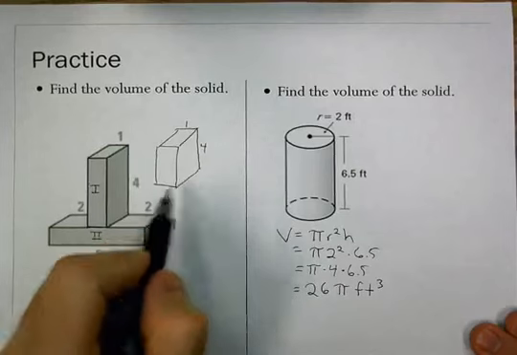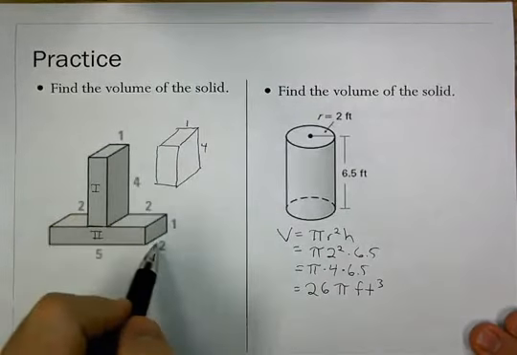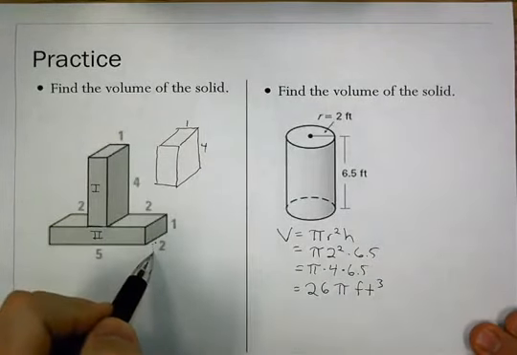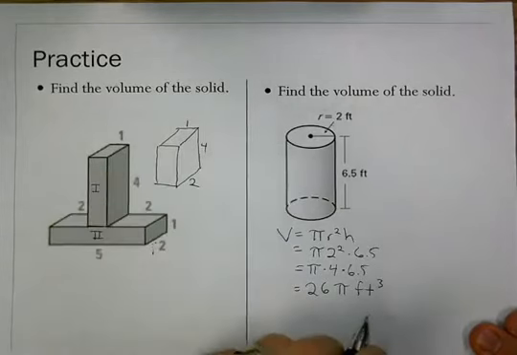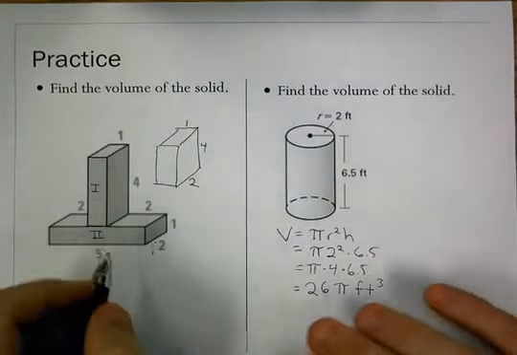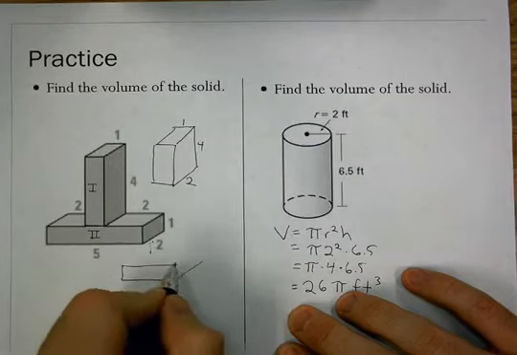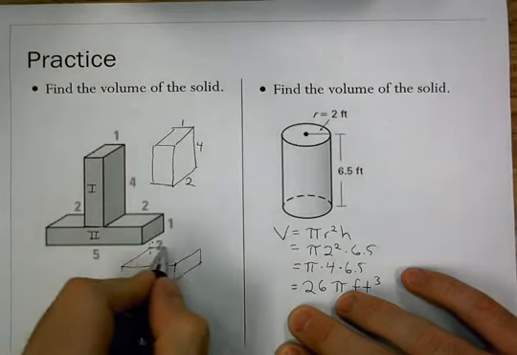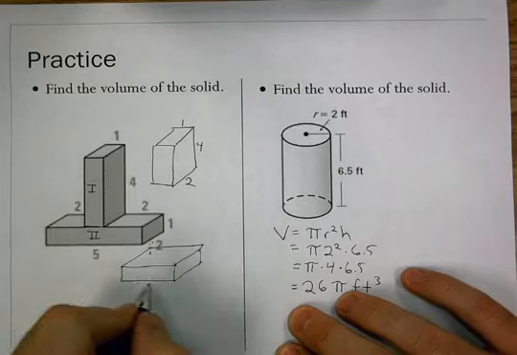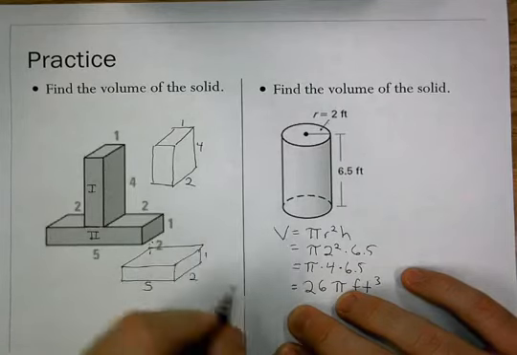And I need the depth of it. Well, I don't have it anywhere here. It corresponds to the same depth we have in the bottom one, so that's going to be 2. For prism number 2, we have 5, 2, and 1.